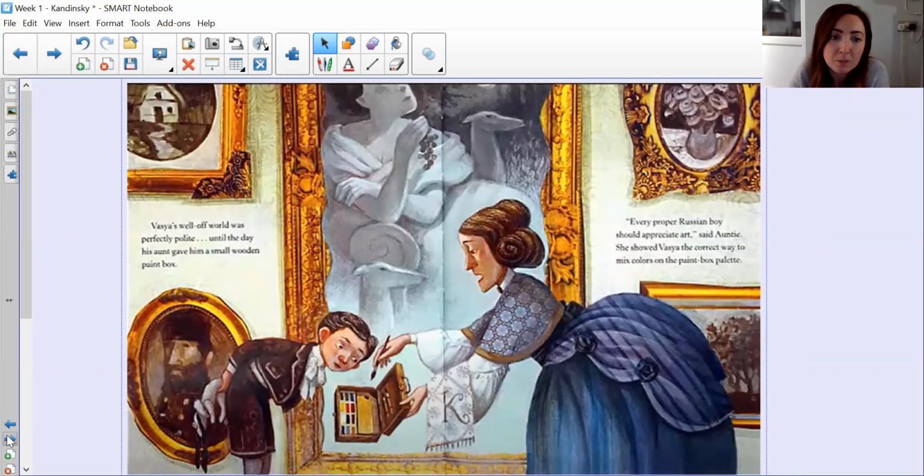Vasia's well-off world was perfectly polite until the day his aunt gave him a small wooden paint box. "Every proper Russian boy should appreciate art," said Auntie. She showed Vasia the correct way to mix colours on the paint box palette.